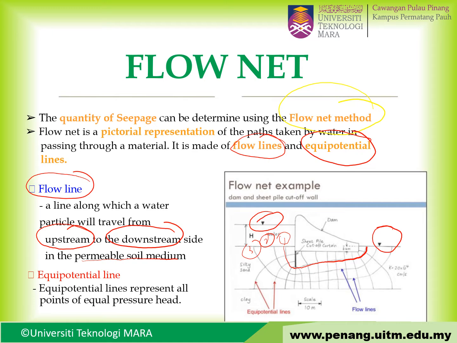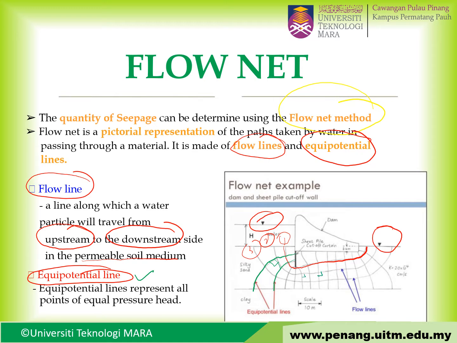How about the equipotential line? Equipotential lines represent all points of equal pressure head. Since this represents equal pressure head, it is perpendicular to the flow line. Look here, you have 90 degrees.